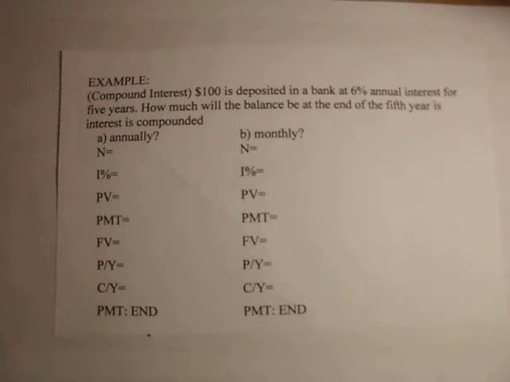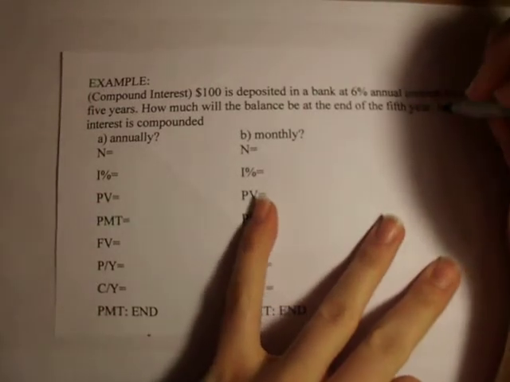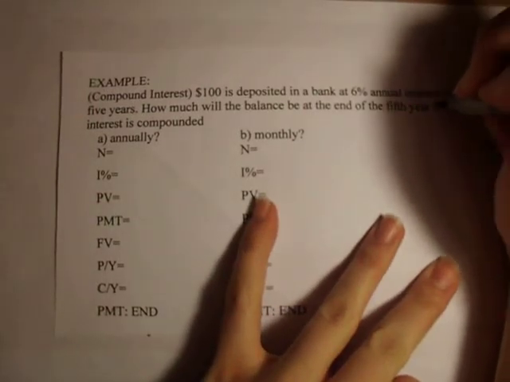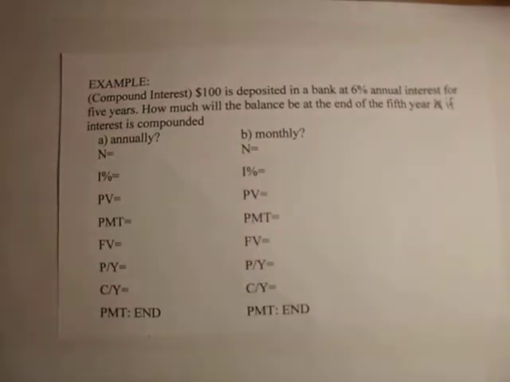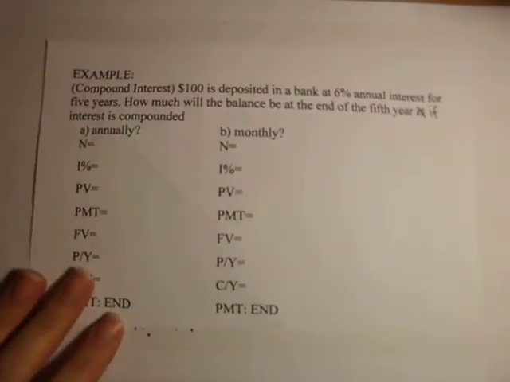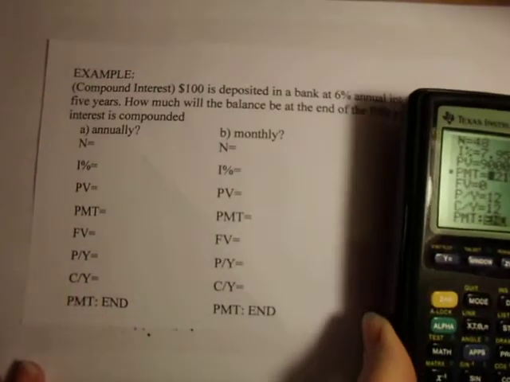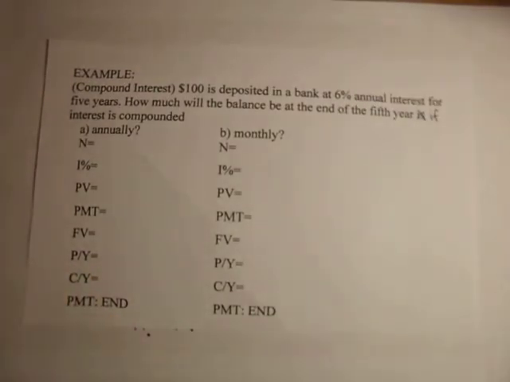How much will the balance be at the end of the 5th year if interest is compounded both annually and monthly? So let's look at the difference of how interest rate compoundings affect our total at the end.